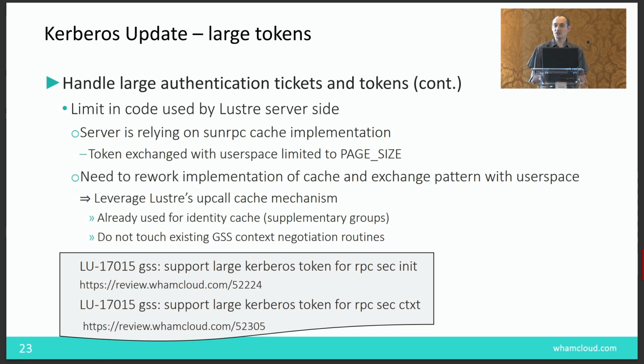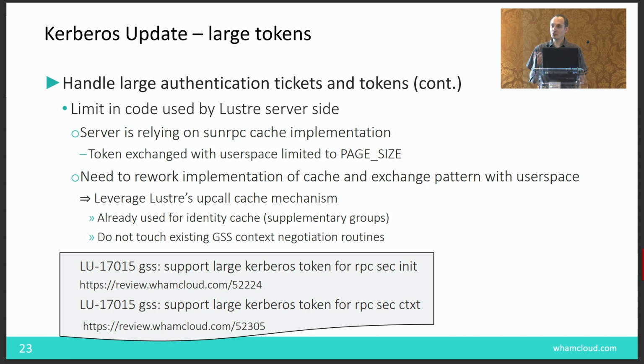There is a limitation in the Sun RPC cache, which limits the amount of data that you can exchange between kernel and user space, and this limit is page size. Unfortunately, most of the time we do not run servers on ARM platforms, so basically, most of the time we are limited to 4K.